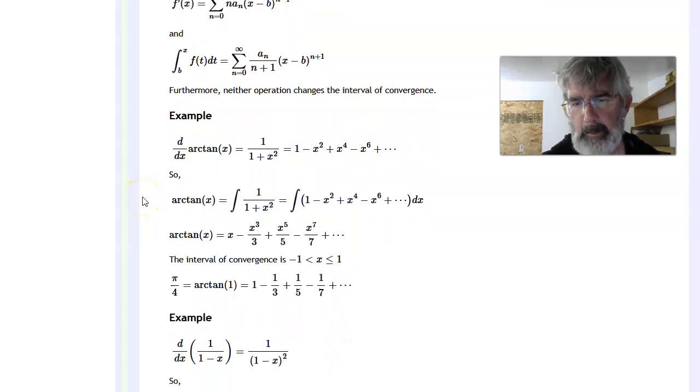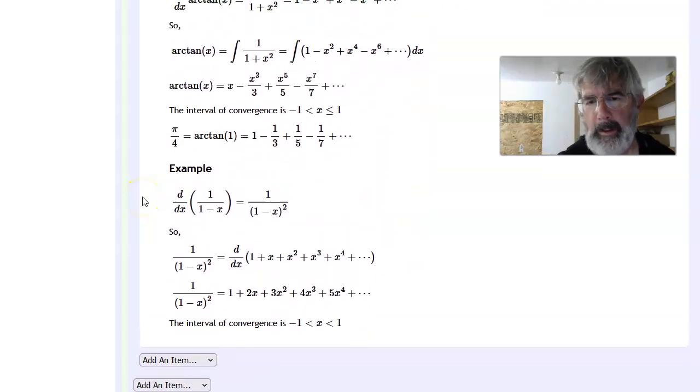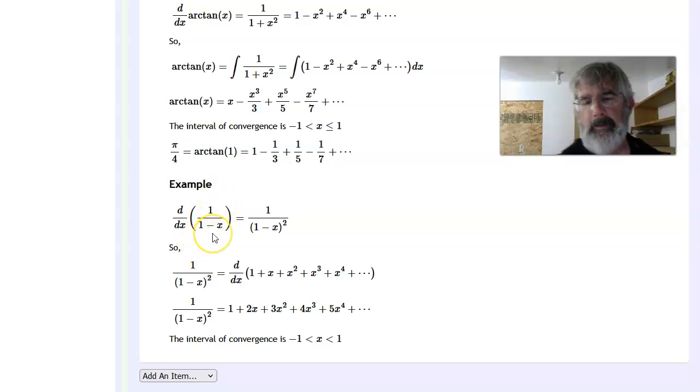Let's do one more example. 1 over 1 minus x is interesting in both directions because you can integrate it to get a natural log, maybe we would want to have a plus there, but anyway, both directions, integral and derivative, are interesting. Let's do the derivative for this one though. The derivative of this thing, you can think of it as (1 minus x) raised to the negative 1 power.